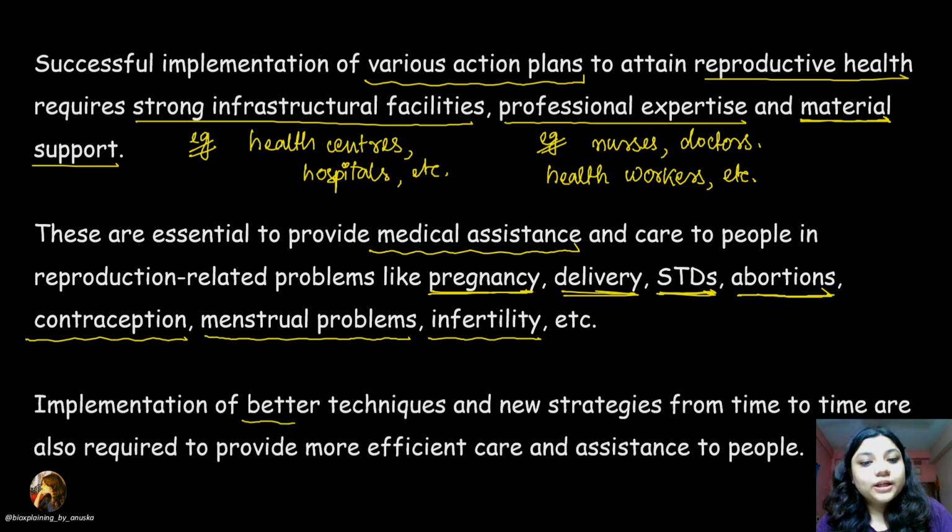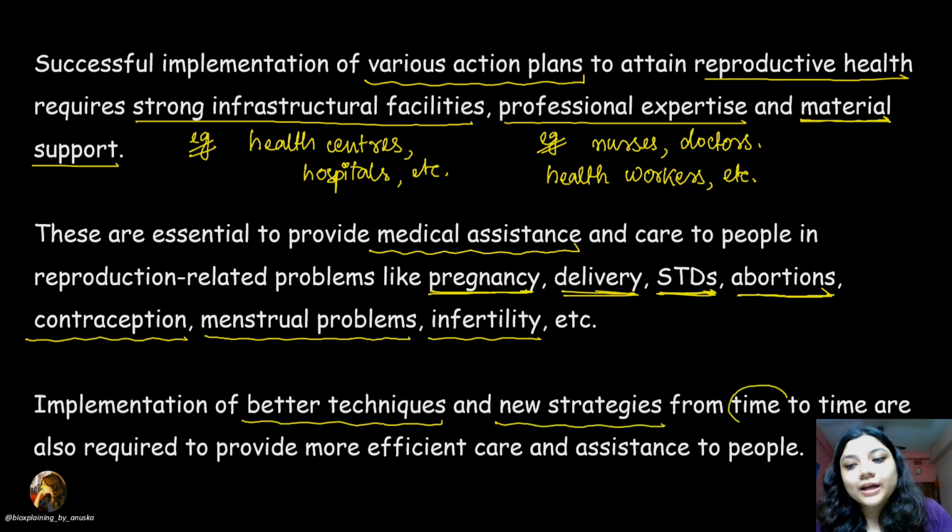So there have to be better techniques and new strategies from time to time, because every 10 years the requirement will change. There will be newer technologies coming up, newer problems coming up, right? So better techniques and proper good strategies need to be involved so that there is better, efficient care and assistance given to people.